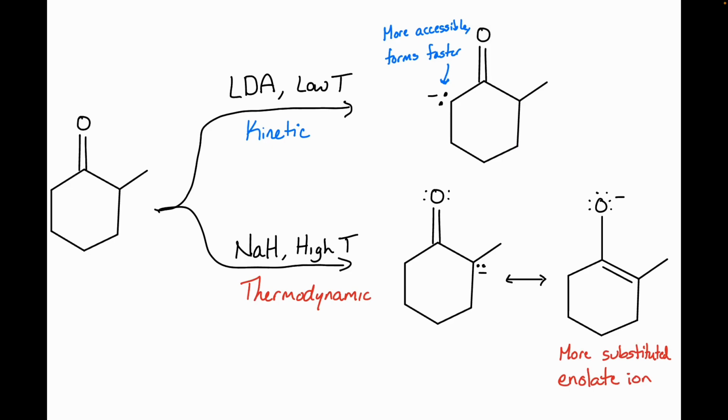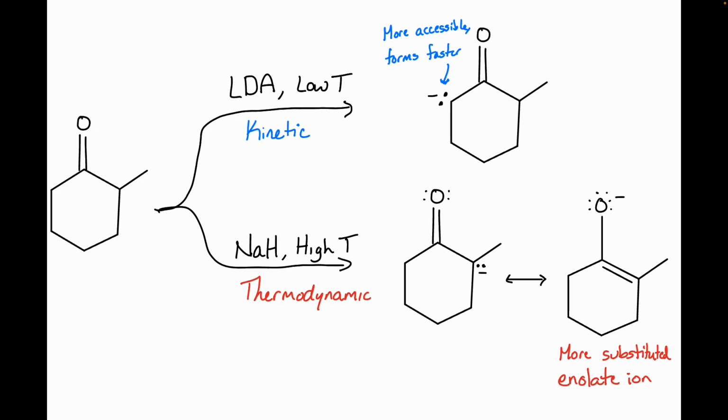You can either use LDA or sodium hydride, and which one you pick is sort of dependent on what product you're looking for. LDA is used at low temperatures to give us the kinetic product, where that enolate ion forms on the more accessible carbon, and sodium hydride is a small, strong base that's used at higher temperatures to give us just the more substituted enolate ion.